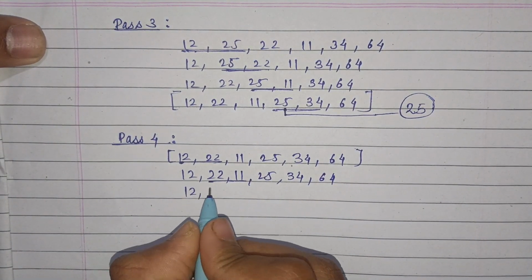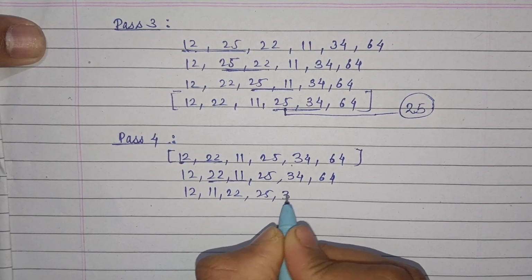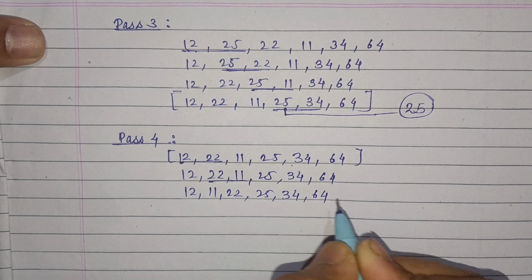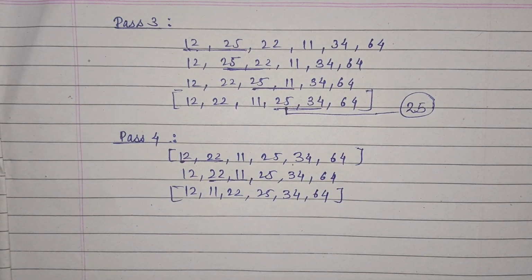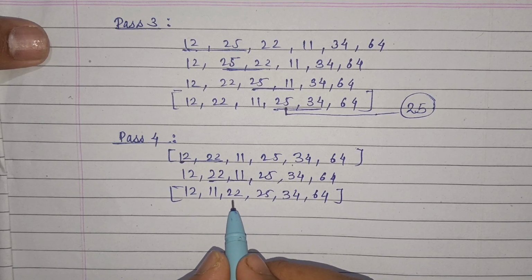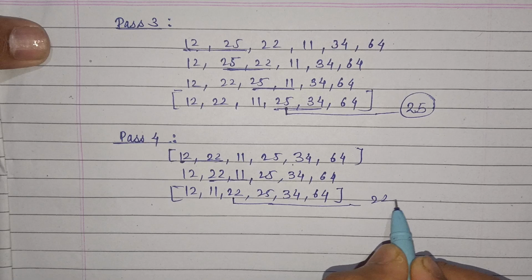So 12, 11, 22, and the rest of the elements will be the same. So we have got the last fourth element of the array, that is 22.